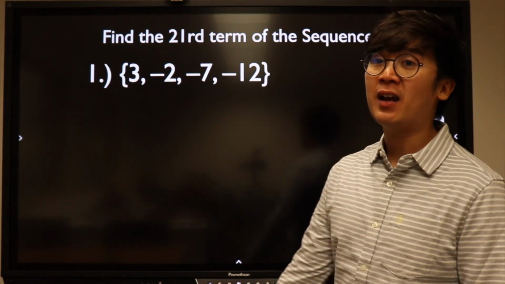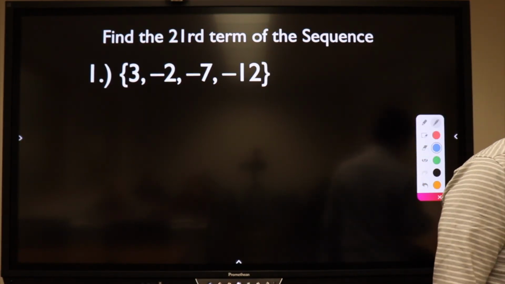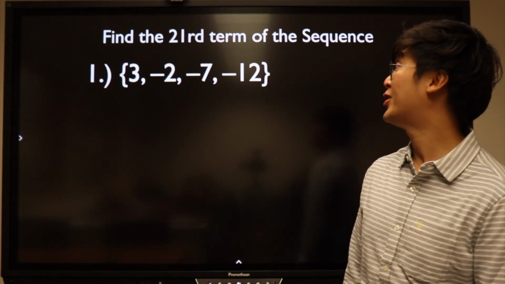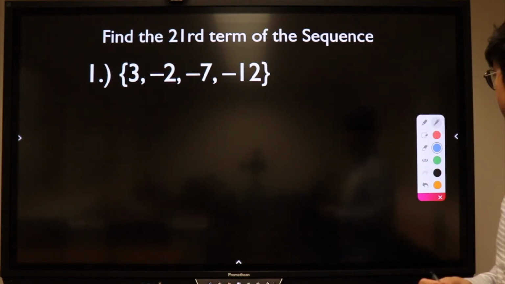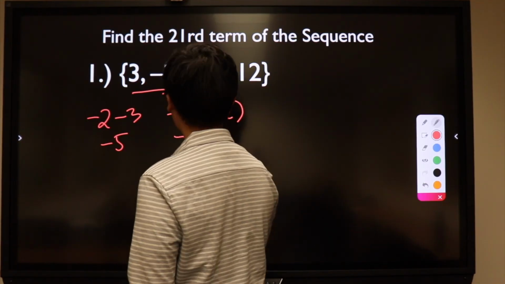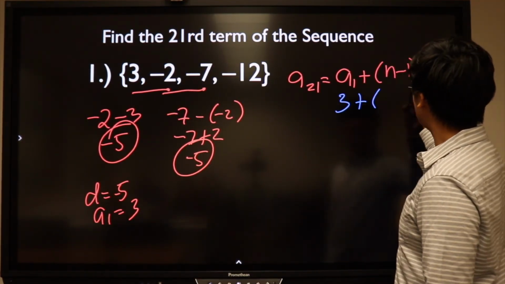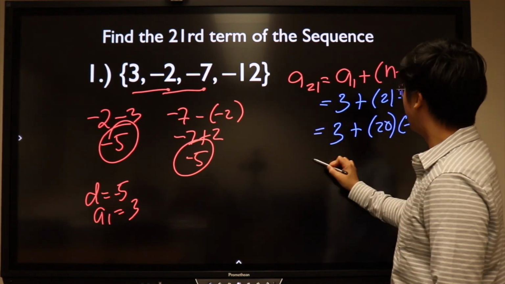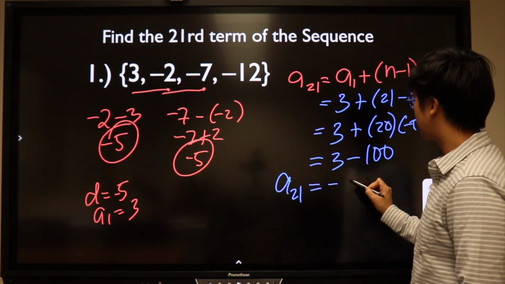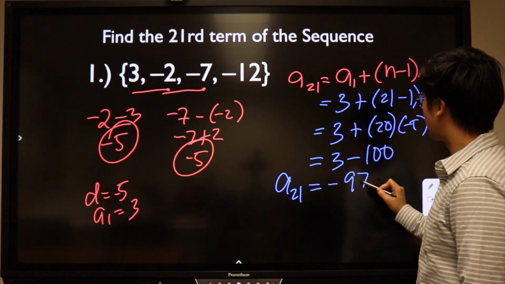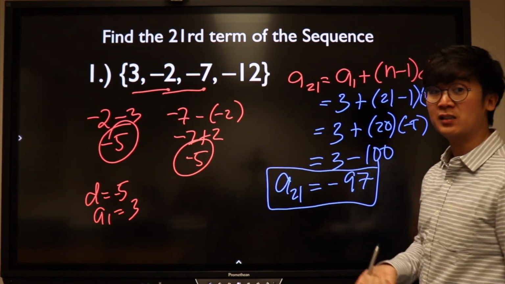Alright? So, can you give me the 21st term or the 23rd term of this sequence? And that is the 21st term.